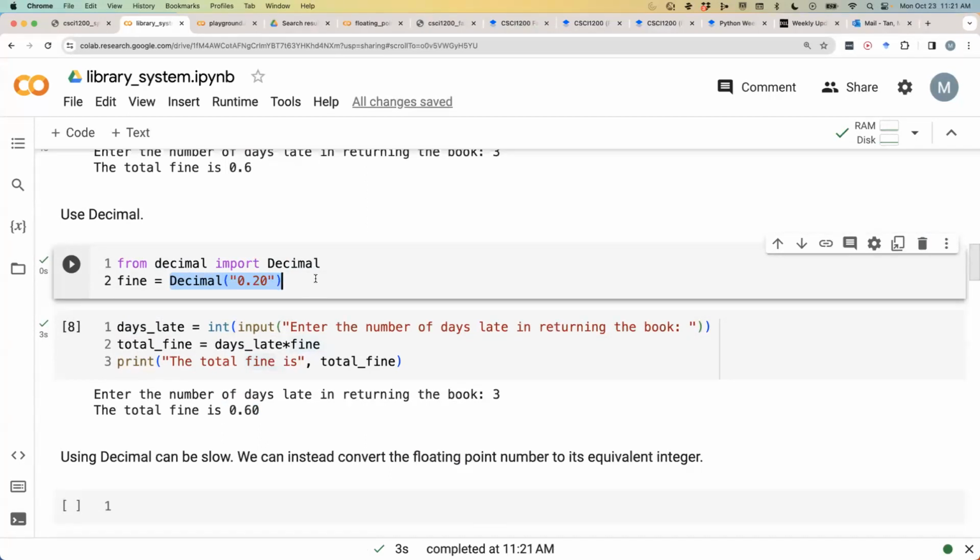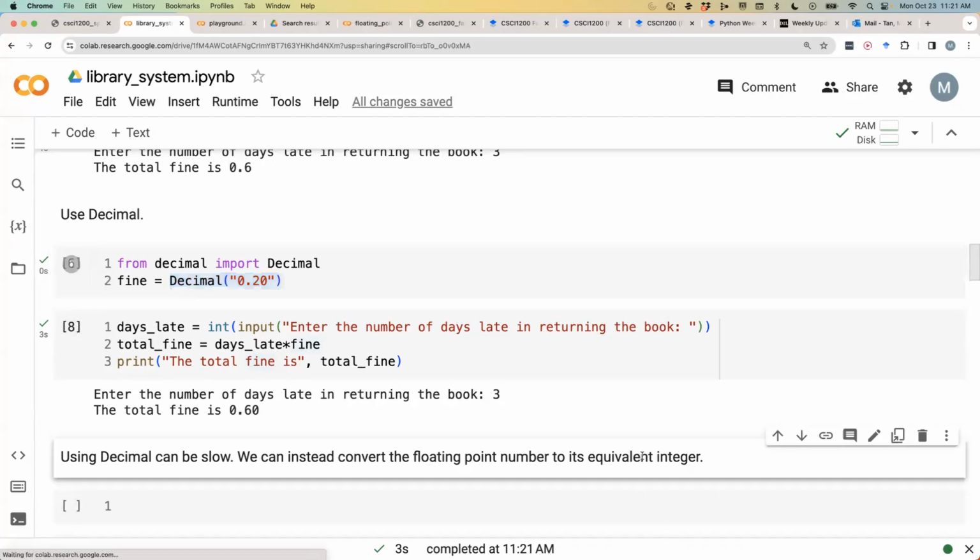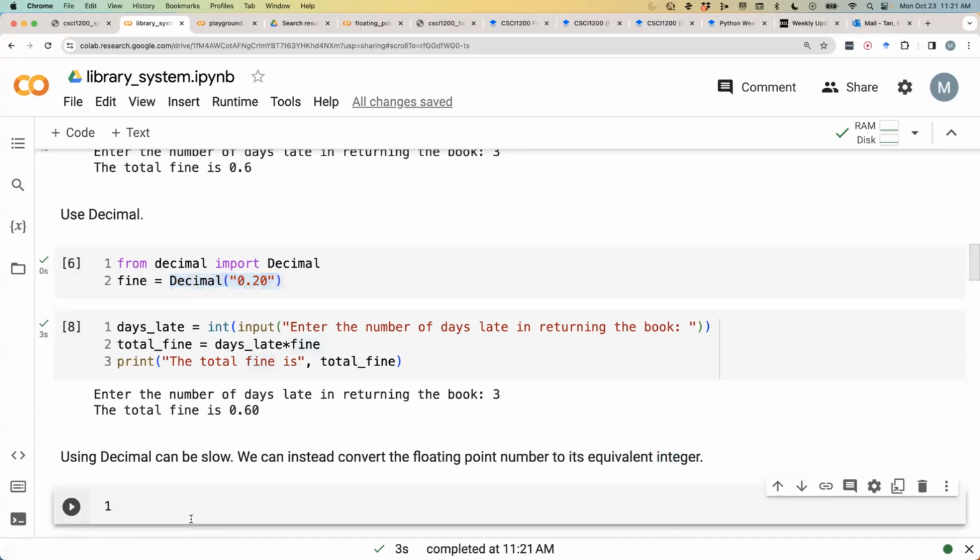However, as we also experimented in the lecture, using Decimal for computations is very time consuming compared to using float. So if we want to avoid rounding error, there's another method where we can convert it to its equivalent integer. So remember earlier on, fine is 20 cents, where the unit is dollar.